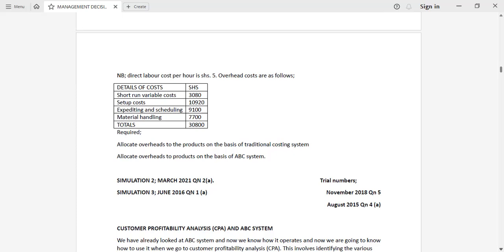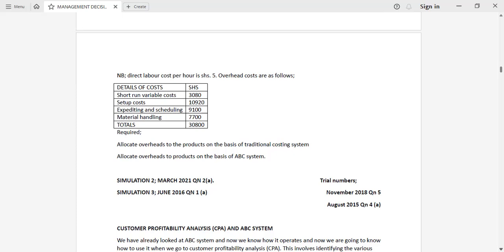So here we are going to look at both systems and see how we can differentiate the two when we are using the computations. But we have other simulations as we are going to see.